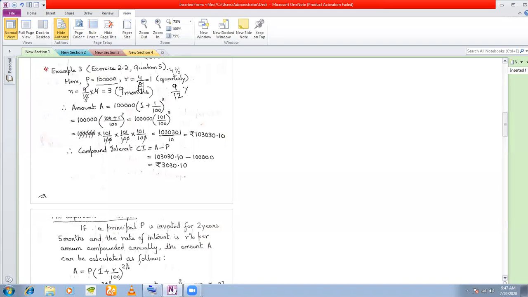After conversion to year, since time has to be multiplied by 4 as interest is being compounded quarterly, we get the value of n as 3. This is not 3 years, neither is it months. It is simply the value of n that we are going to plug in our formula. Once I calculated the rate and the time, I put them in the compound interest formula.